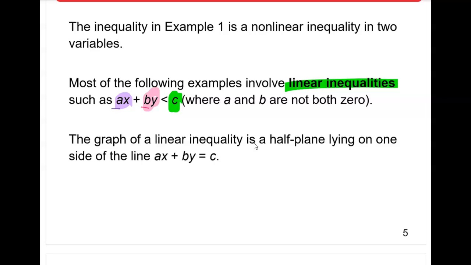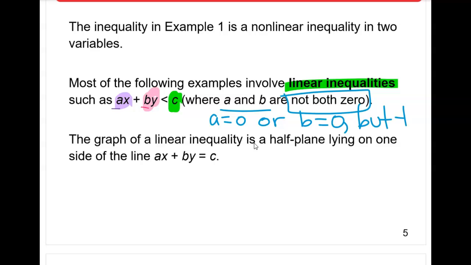And here we have that a and b are not both 0. So that means that we could have a equals 0 or b equals 0, but not both at the same time. That's what the statement says, but not both.